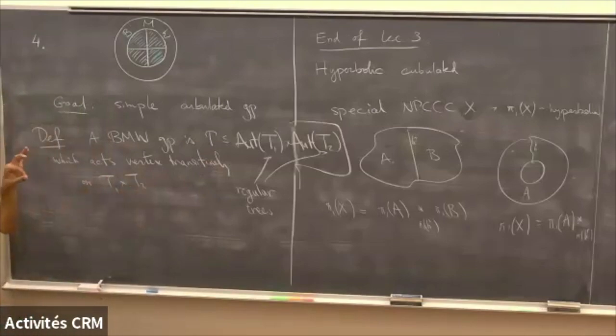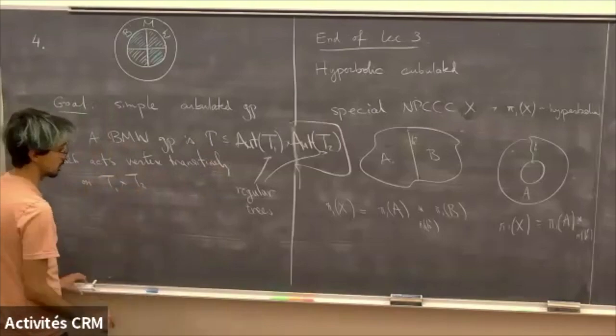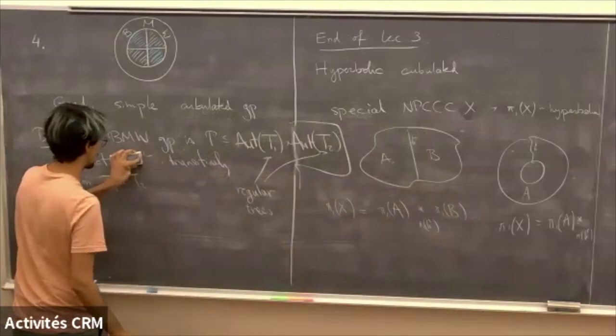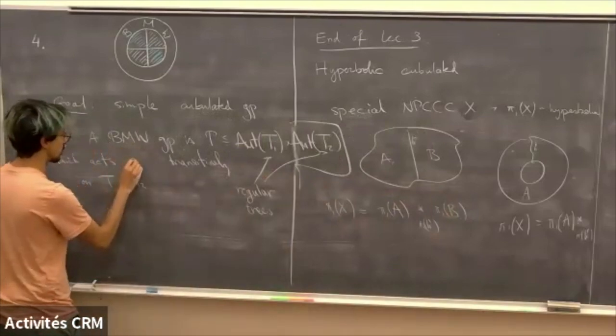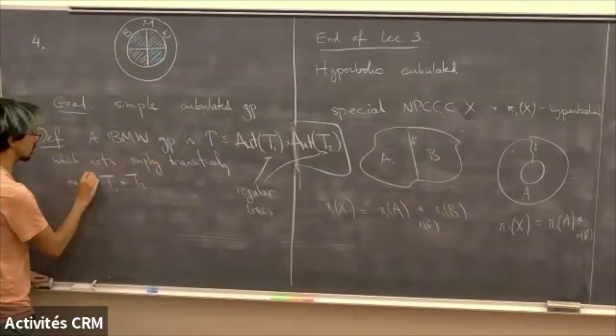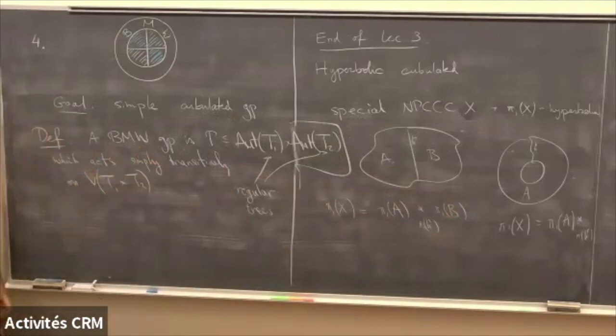So in the quotient, I'll see just one vertex. No, this is not what I want to write. That's also true, but I want something stronger: it acts simply transitively on vertices. Simply transitively means freely and transitively on vertices. Stabilizers of vertices are trivial.